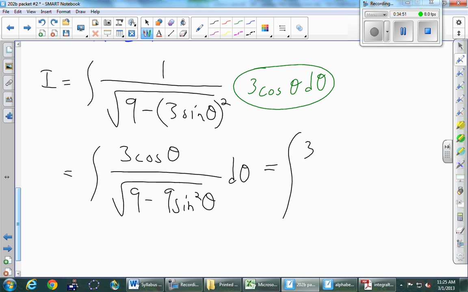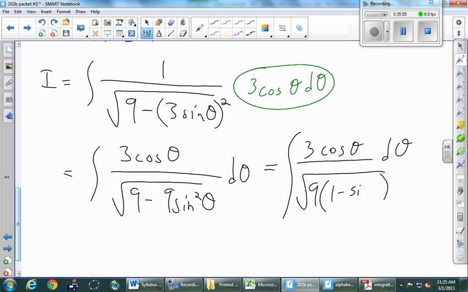Still copying the 3 cosine theta d theta. Downstairs, it's a square root of 9 times, and then fill in the blank.